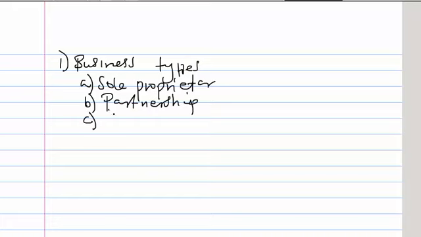of businesses. So the business types that are there are a sole proprietor, a partnership, and a company.